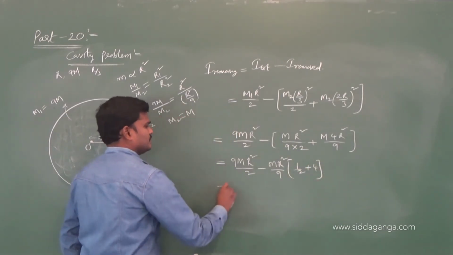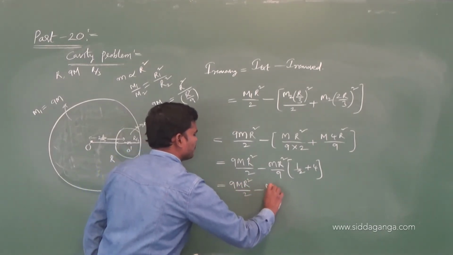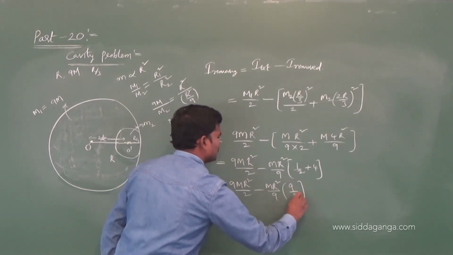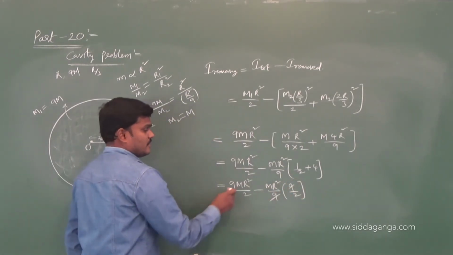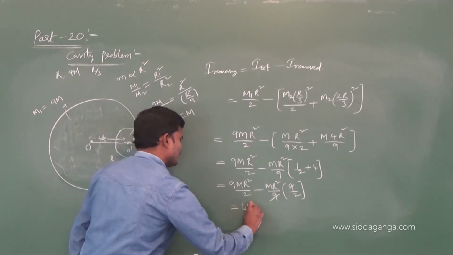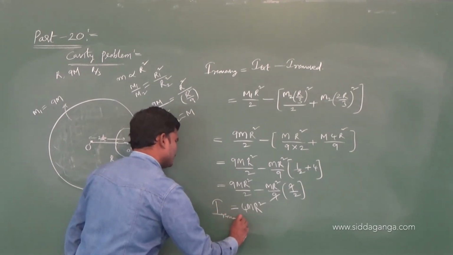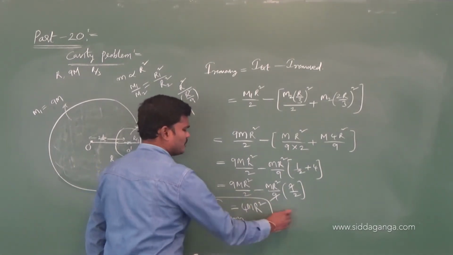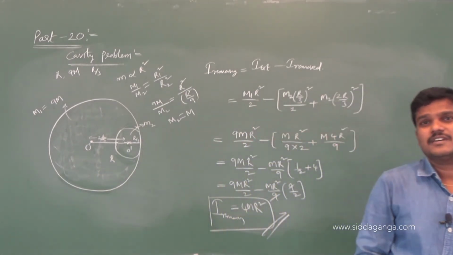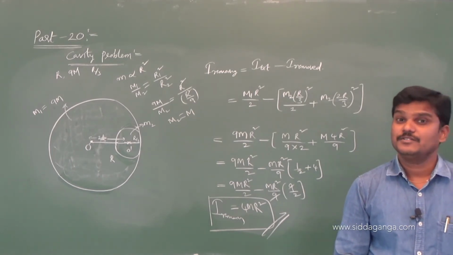So the 9s cancel, 9 m r square by 2 minus 9 m r square by 2, 8 m r square by 2. Then what is the answer for this question now? Now I am getting the remaining part moment of inertia as 4 m r square.